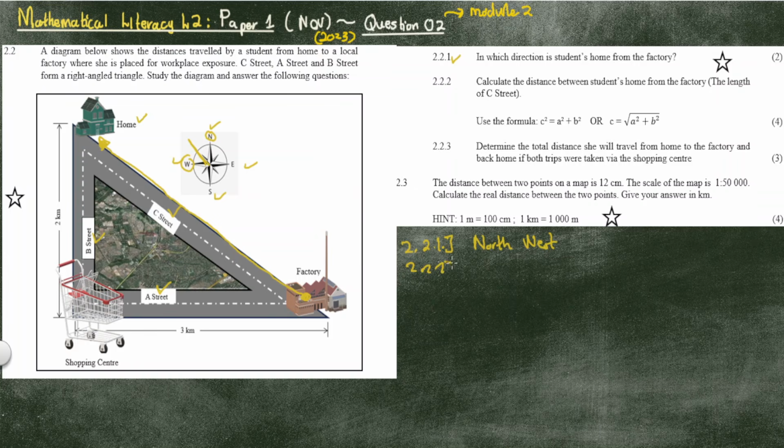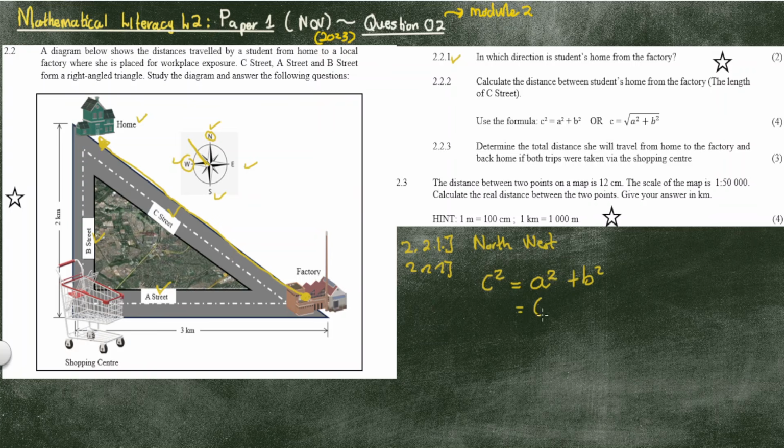2.2.2. Calculate the distance between the student's home and the factory, the length of street C. You may use the formula. So the formula says street C length squared is equal to A street length squared plus B street length squared.